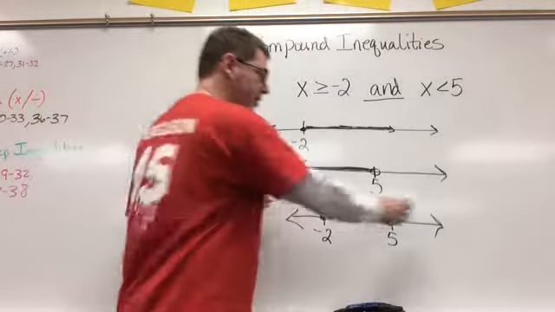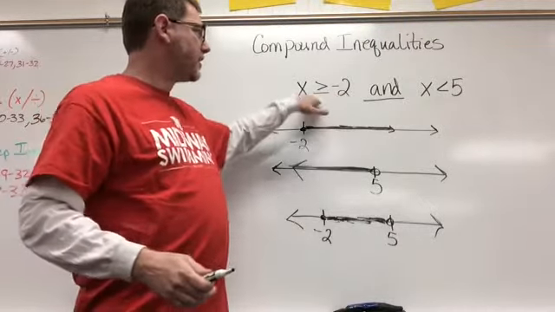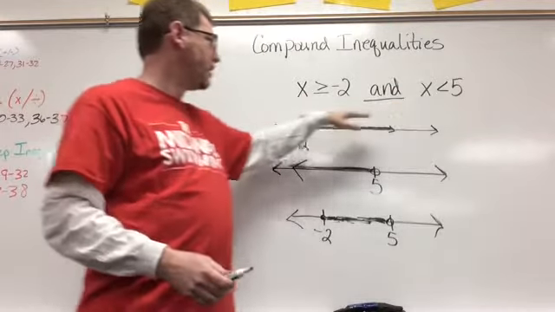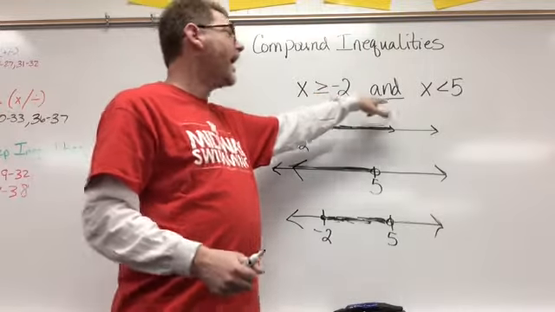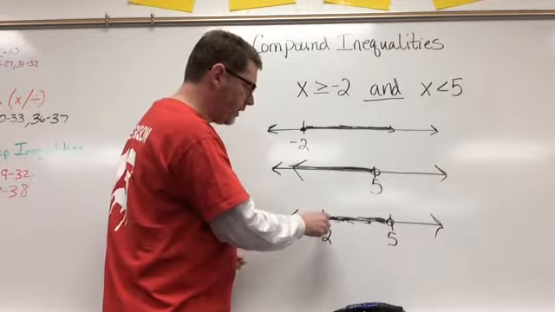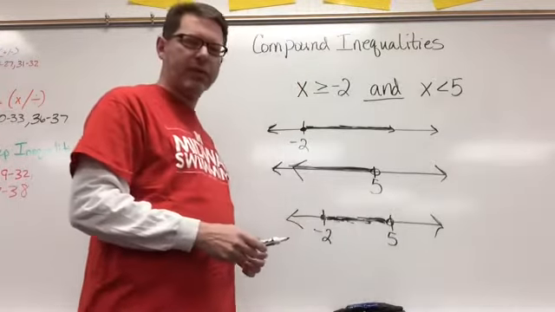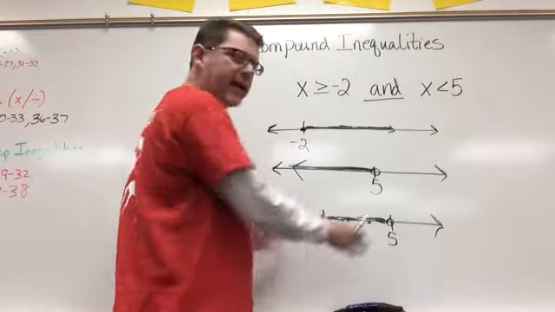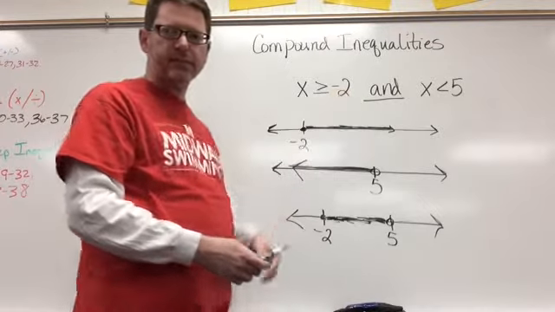Now notice that there are no arrows on the outside, because in order for it to be "and," the x has to satisfy both of these inequalities. So it has to be greater than or equal to -2 and less than 5, and so that's everything between -2 with a closed dot and 5 with an open dot. So everything between -2 and 5 is where my x's lie for this "and" statement.